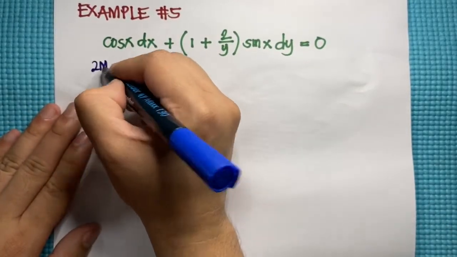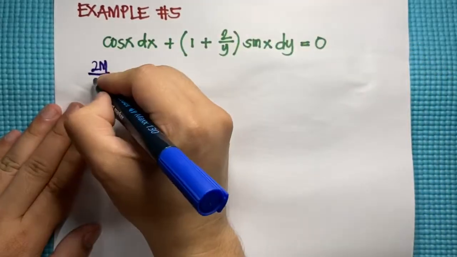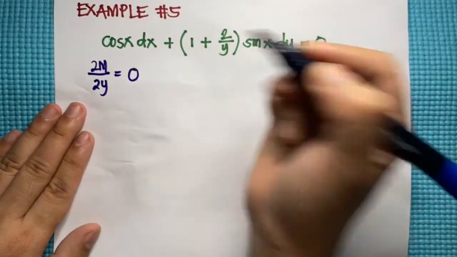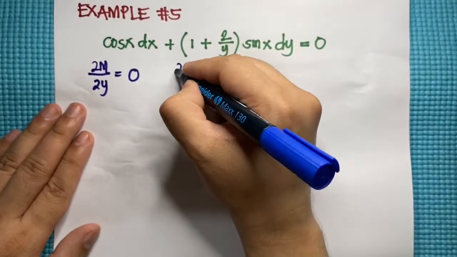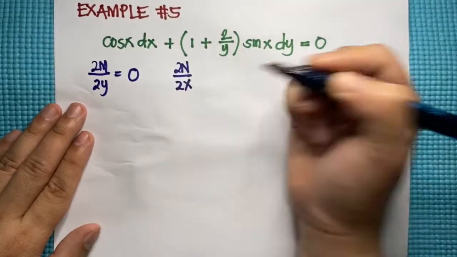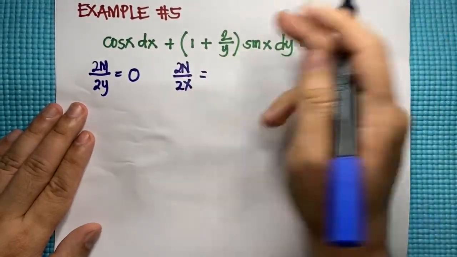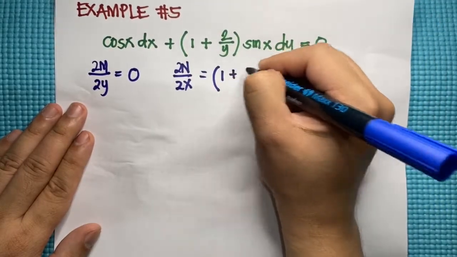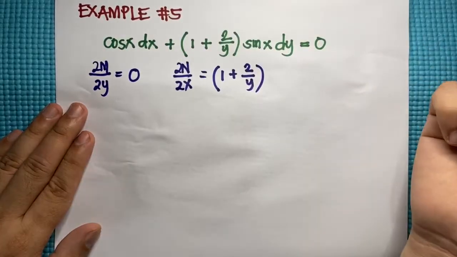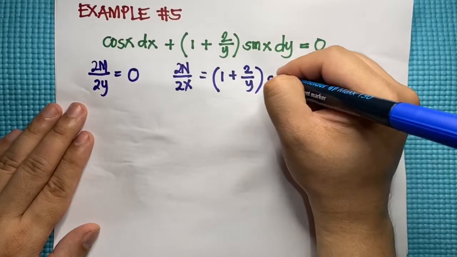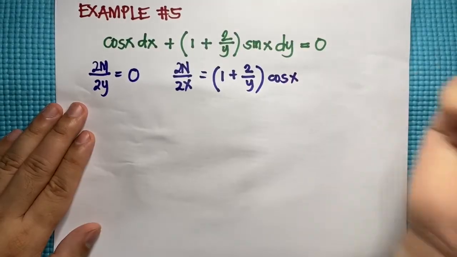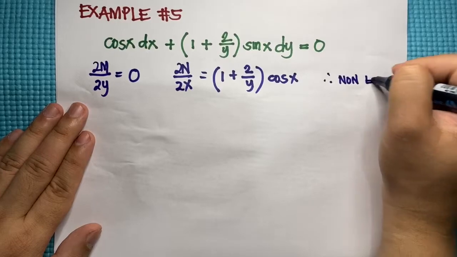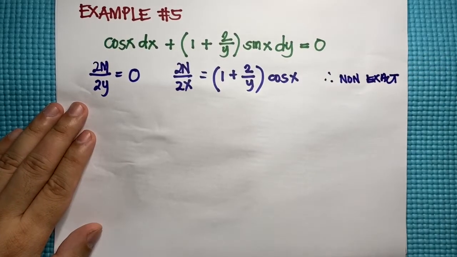Right away, the partial derivative of M with respect to y, since M is cosine x, will be 0. The partial derivative of N with respect to x is (1 plus 2 over y) times the derivative of sine x, which is cosine x. So it is definitely a non-exact equation.